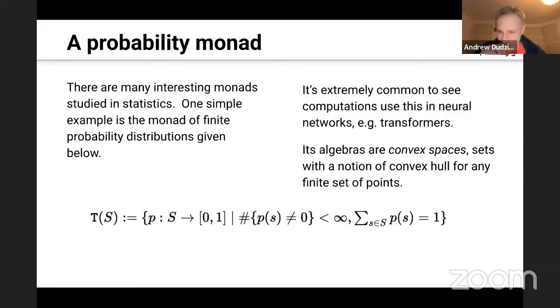So I think this is a really interesting one to think about. I think it's implicit in a lot of machine learning work, including policy gradient and so on. So it's worth mentioning, but this is far from the only kind of connection that monads and probability have.